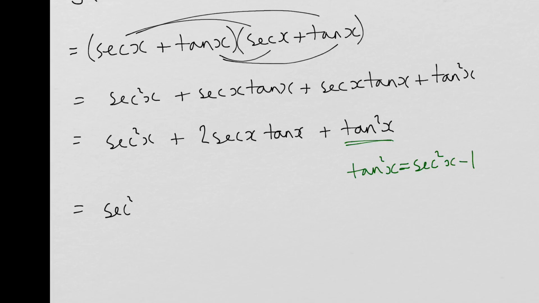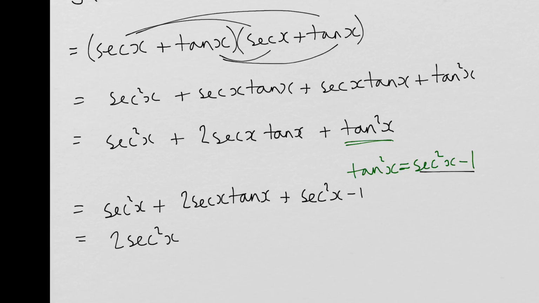So sec squared of x plus 2 sec x tan x plus sec squared of x minus 1. Okay, so putting that in place of the tan squared x there. Now I can tidy it up. So 2 sec squared of x plus 2 sec x tan x minus 1. Okay, so having a look through, can you integrate all of those values now?